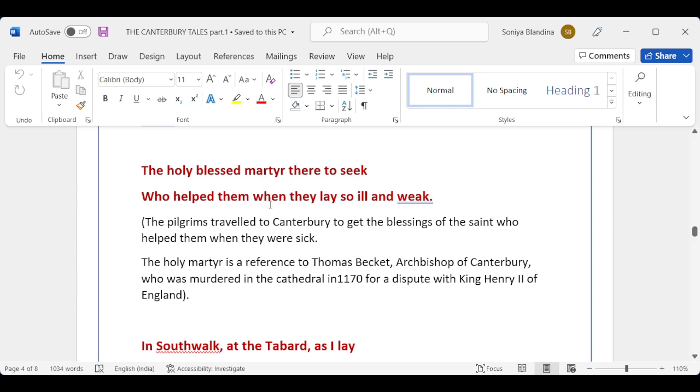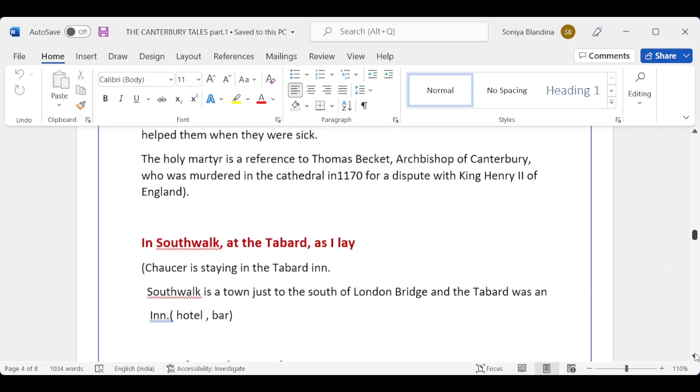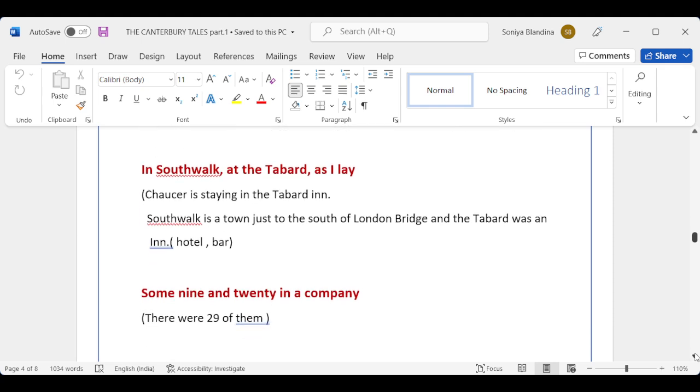Because this martyr, Thomas Becket, has helped them when they were ill and weak. So they are going to give thanks, and at the same time they are going to get the blessings of the martyr. Okay, next line, in Southwark at the Tabard as I lay.